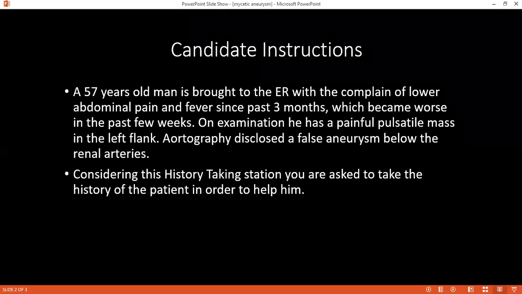Right, so if you have read and understood the history-taking station, kindly begin.